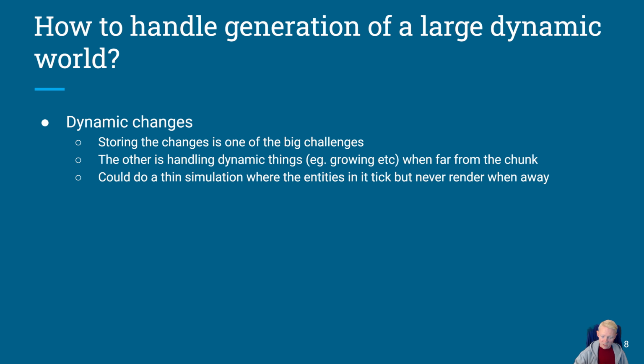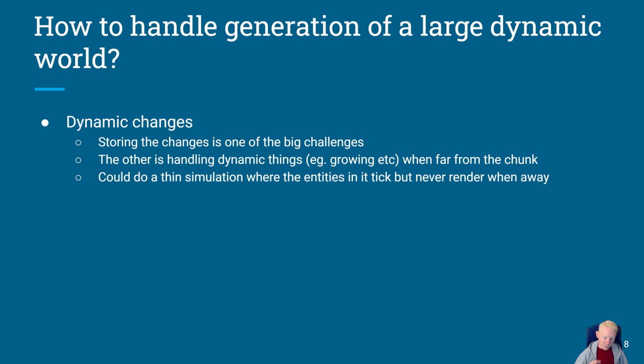All it's basically got is the core furnace logic and its inputs and outputs, and it just ticks and processes those. So it's a lot lighter weight in terms of what it needs to do. Same for things like plants. They would have some progress indicator to control where they're at in their life cycle, and that would adjust. So thin simulation is one option.